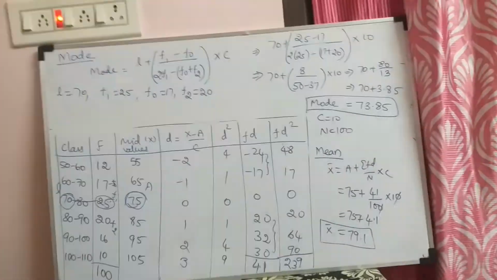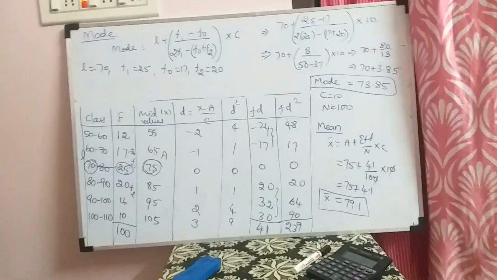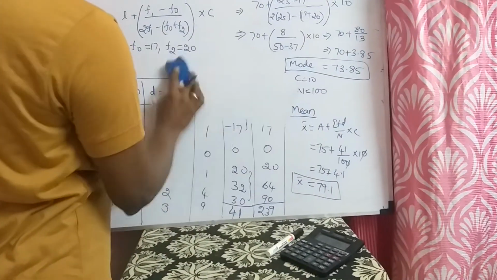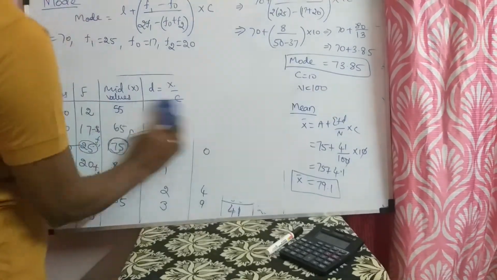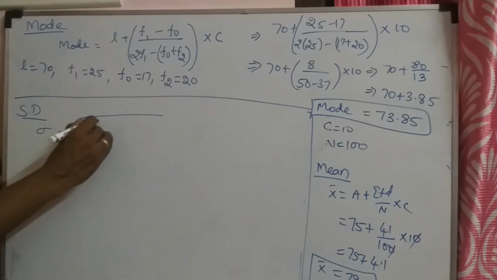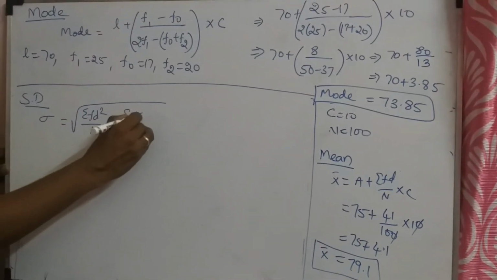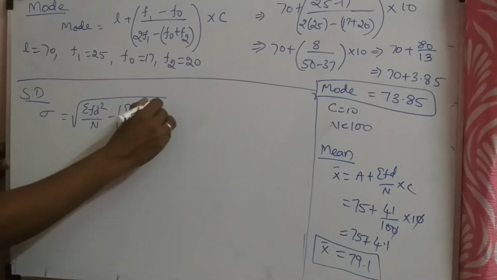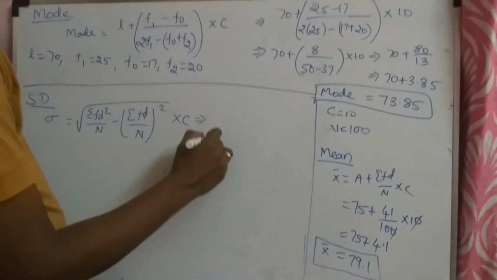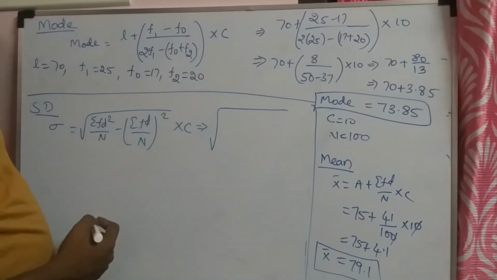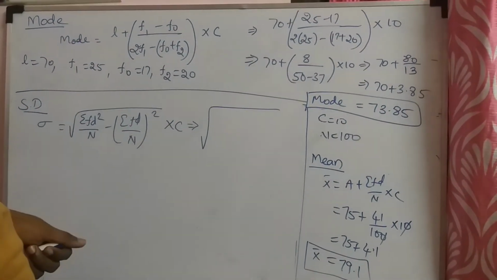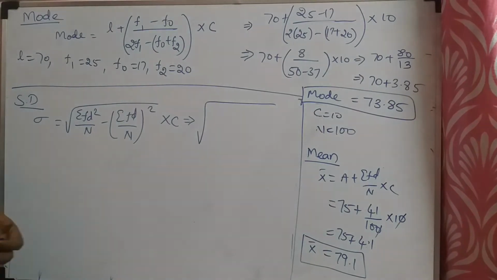Now the remaining one, standard deviation. So standard deviation sigma is equal to the square root of summation fd square by n minus summation fd by n, the whole square, into c. Summation fd square value is 239.